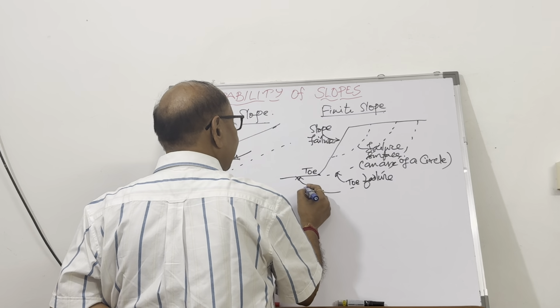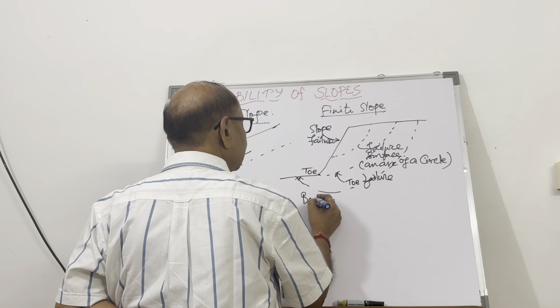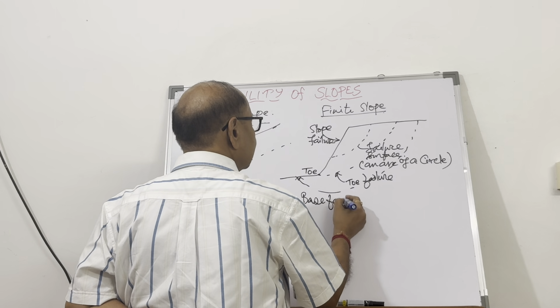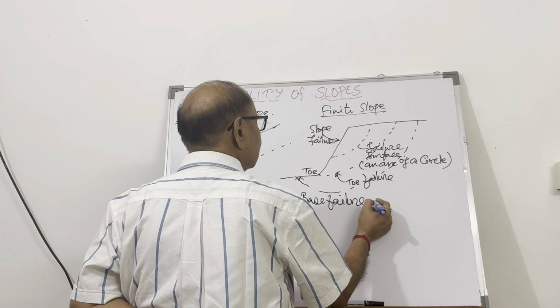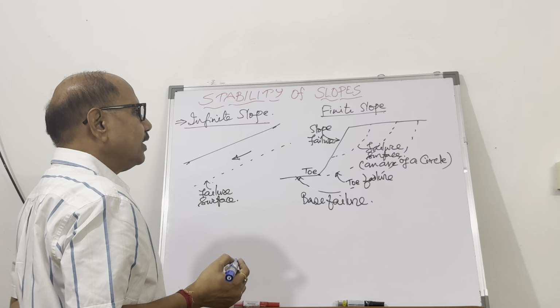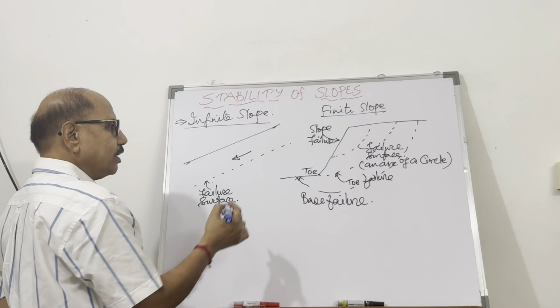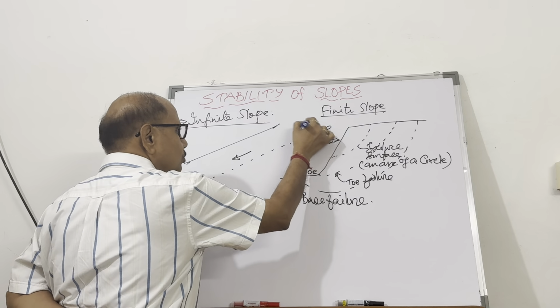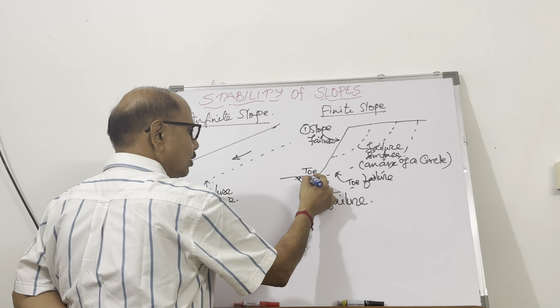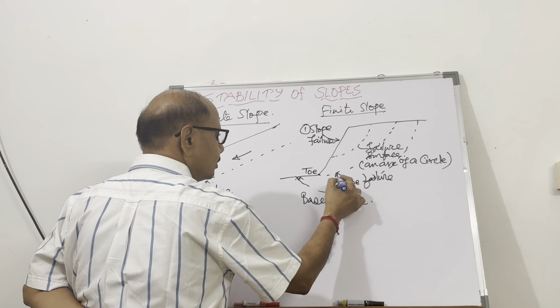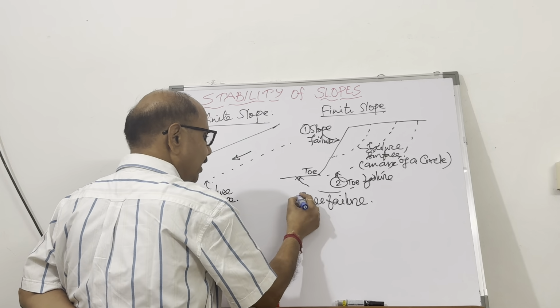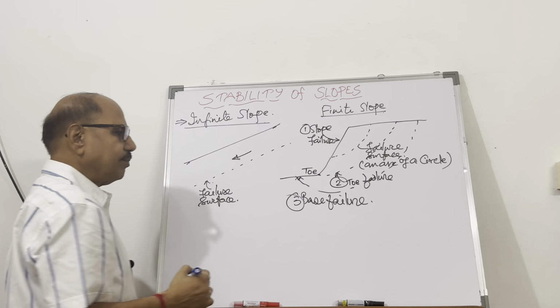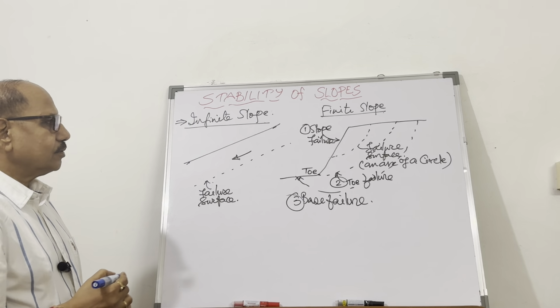So in finite slope, there could be number one, slope failure, number two, toe failure, or number three, base failure.